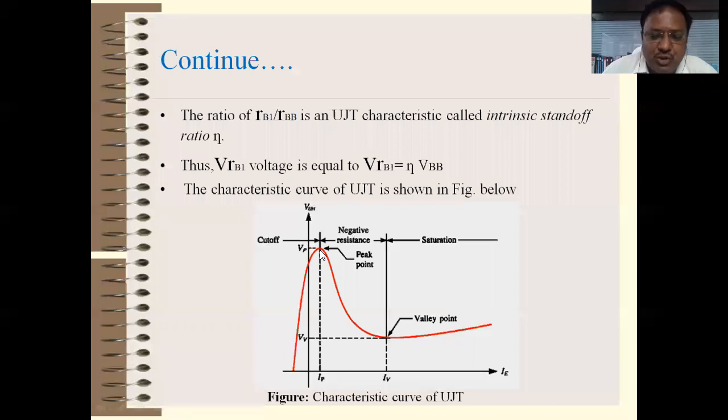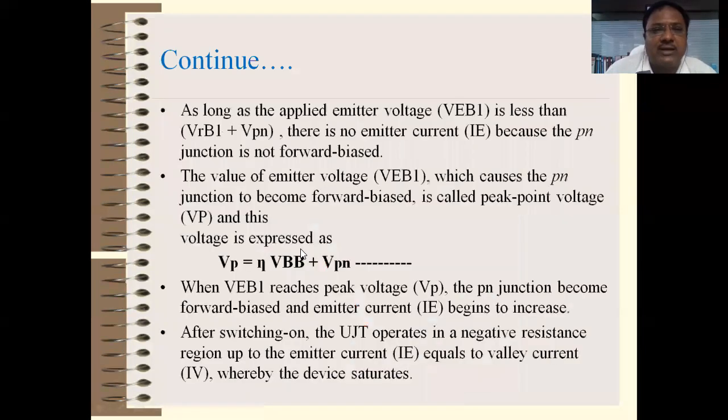Once we reach the VP, the junction breaks, and then current increases through that particular device in reverse direction. So maybe the voltage starts to decrease. This region is called the negative resistance region, and then it reaches the valley point, and after the valley point it remains constant.